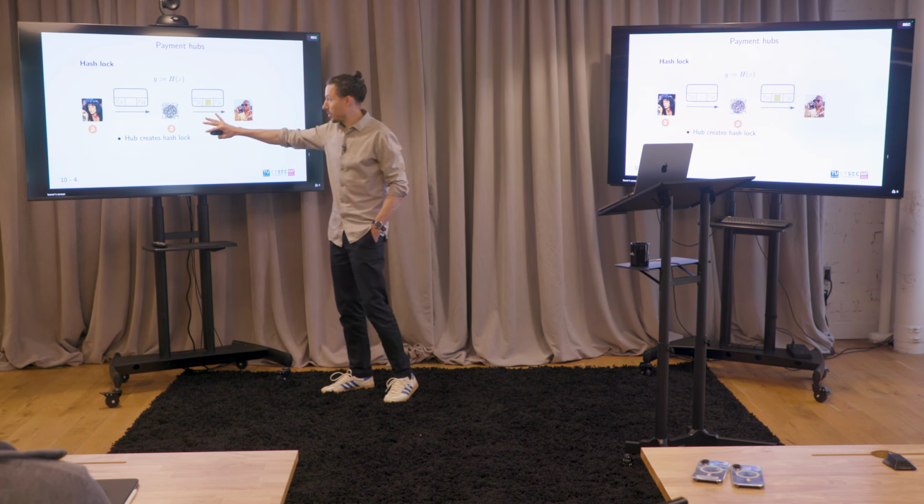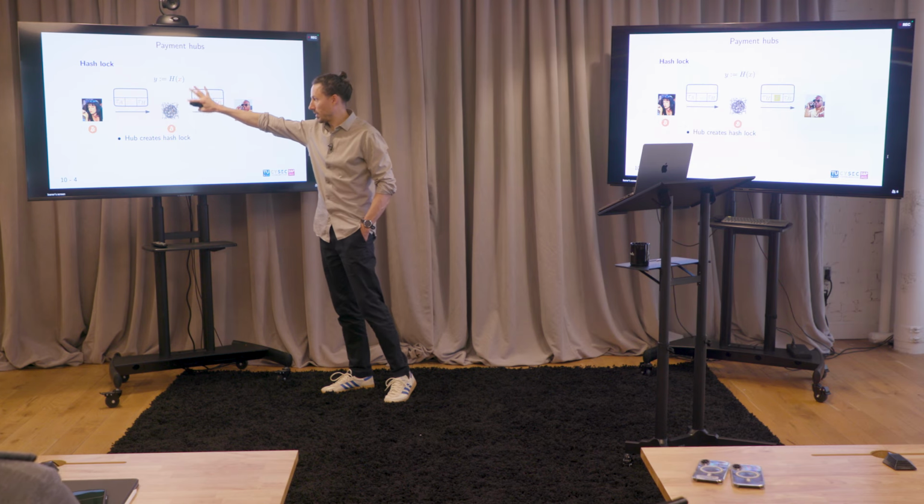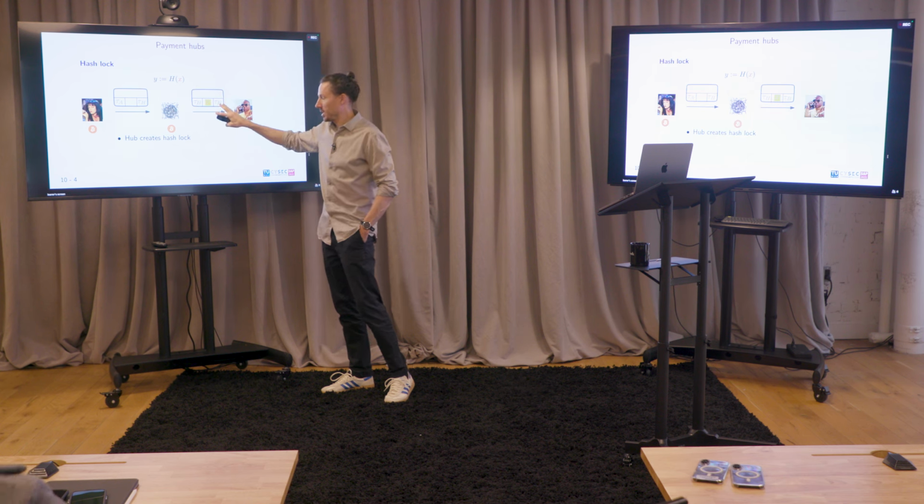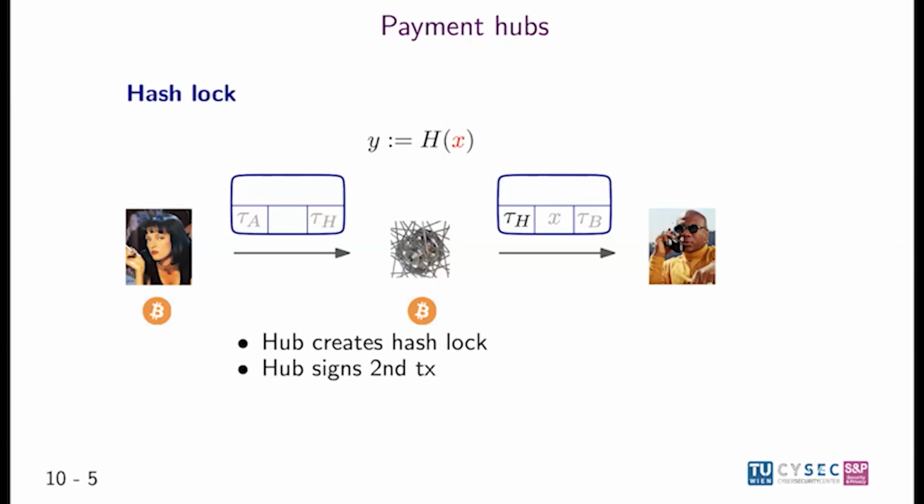So the hub goes first, and the hub is the only one who knows secret x. There's a transaction that you can only take if you have x. So now the hub can safely sign this transaction because it knows that as long as I don't publish x, this cannot be taken. Now it communicates y to Alice. So the Bitcoin is escrowed here. Alice, in her transaction, also puts this hash lock in there.